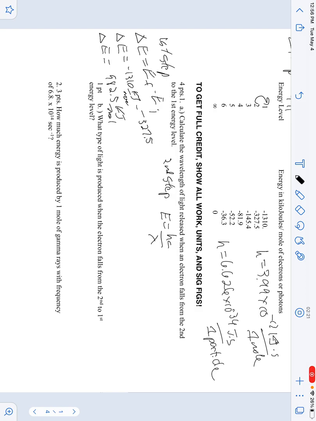So I know my energy. Sorry, that's a negative value right there. Now, I can't plug a negative energy into here. So the way you convert delta E into E is by taking the absolute value. So that means the energy that gets plugged in will actually be a positive value.